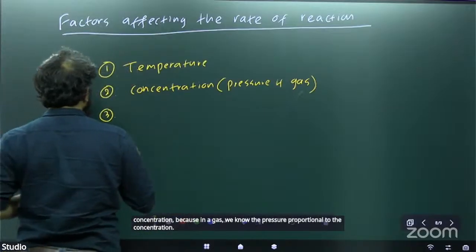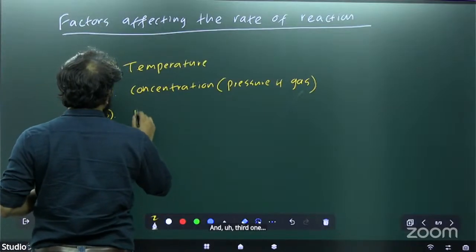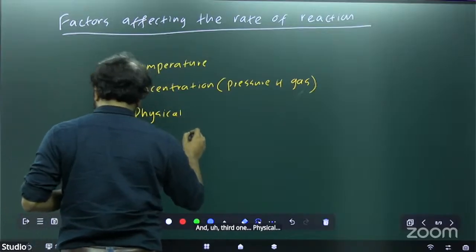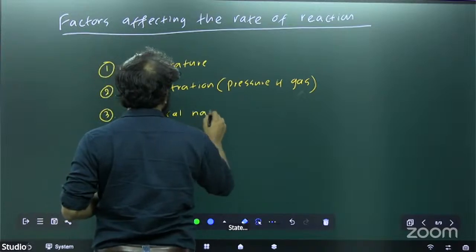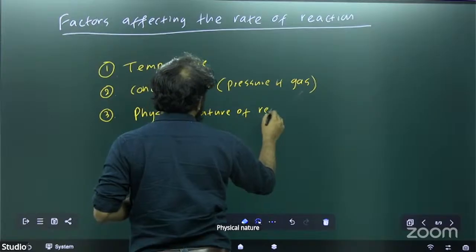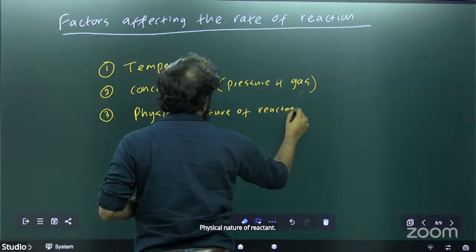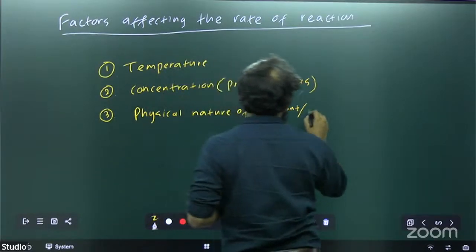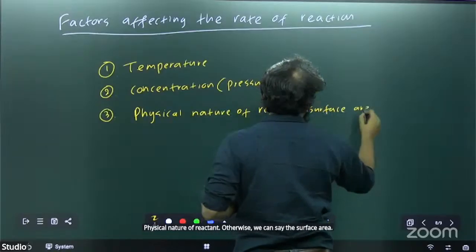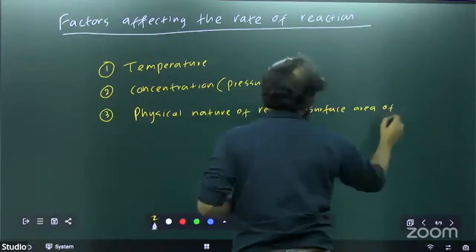The third one is the physical state, the physical nature of reactant, otherwise we can say the surface area of solid reactant.